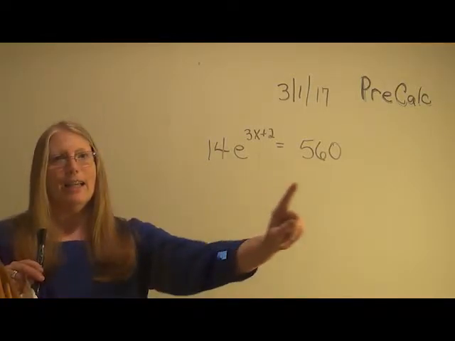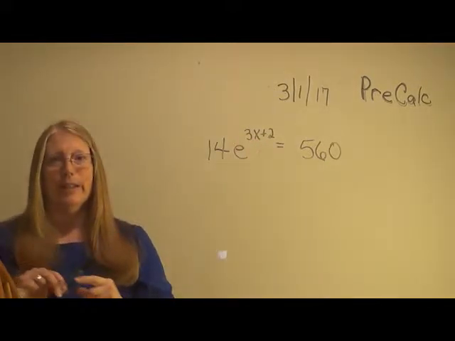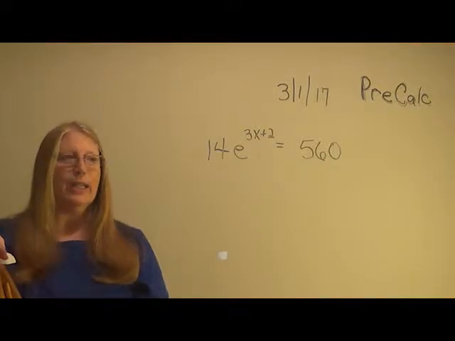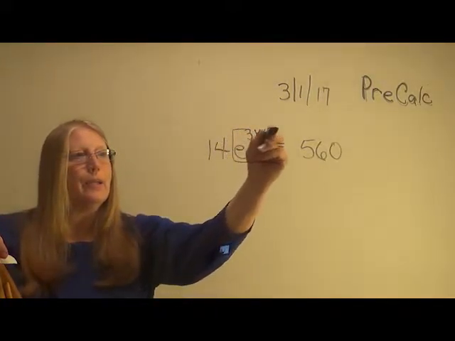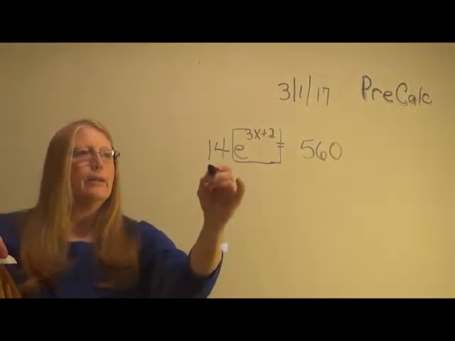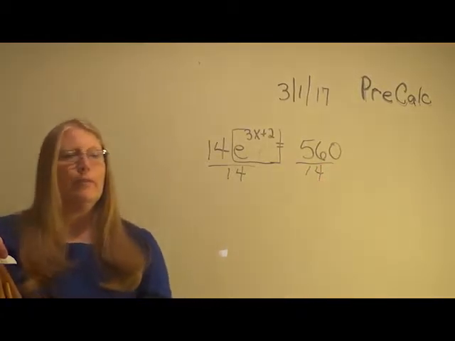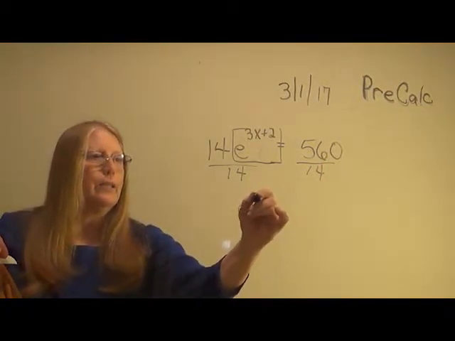Well, I see not the word log, and I see an exponent where the variable is. So therefore, I know that I have an exponential equation. I have to get the expression with the exponent by itself. So I will follow my nose and move the 14 over to the other side. e to the 3x plus 2.